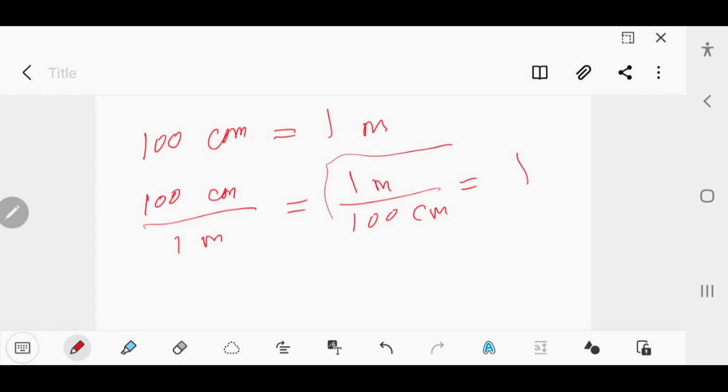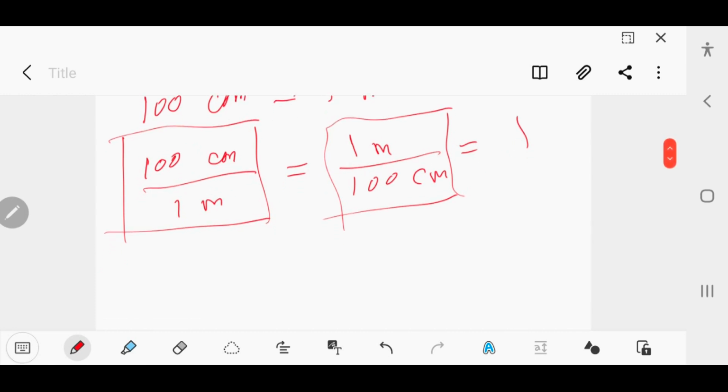This is what we call conversion factor. It's a ratio between two different units that will be equal to 1. Now, from simple math, if you multiply any number, let's say x, with 1, it will always be the same.